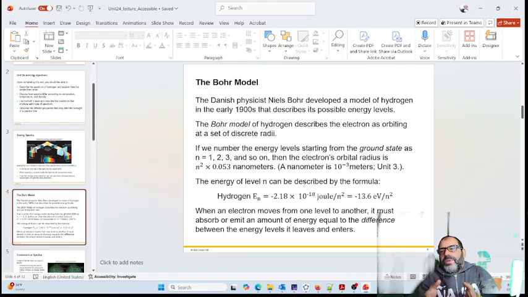So in order to fix that, he used something that we talked about in a previous unit called Planck's law. He used Planck's law to argue that the reason why the electron stays in orbit is because of something called standing waves.